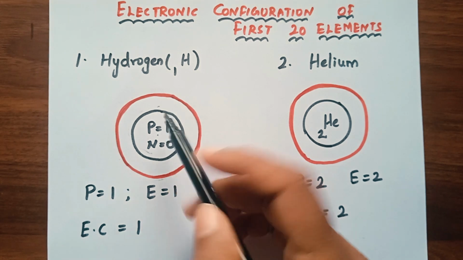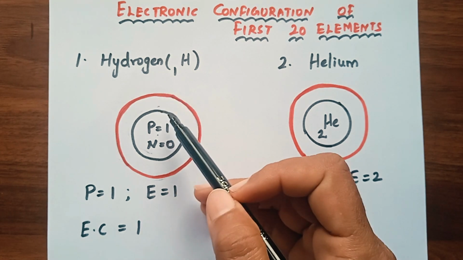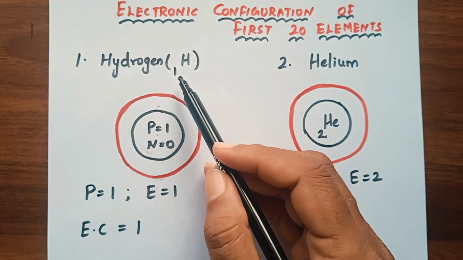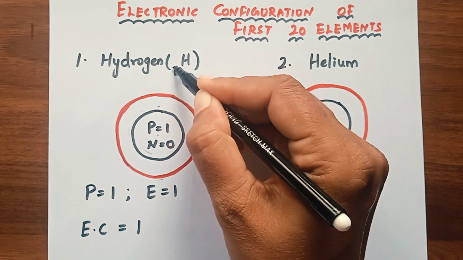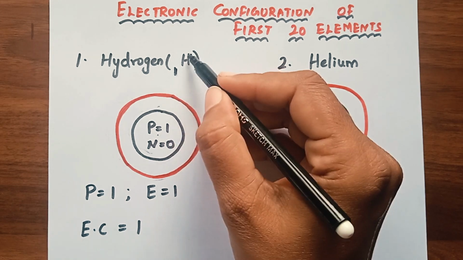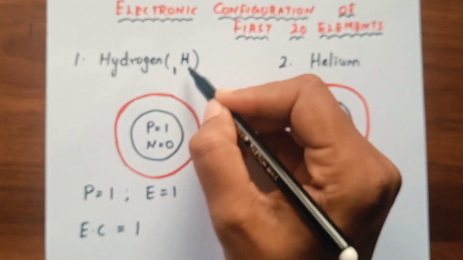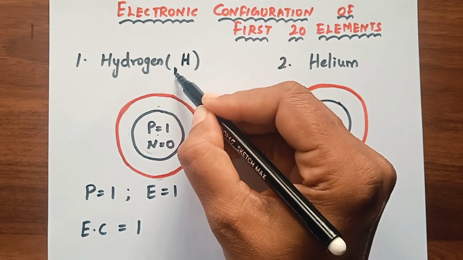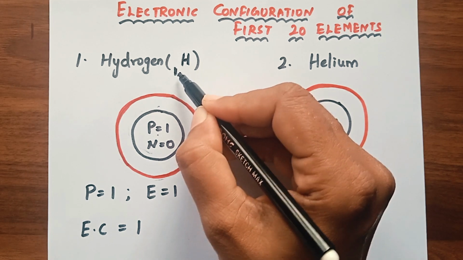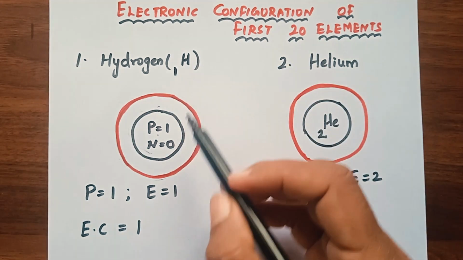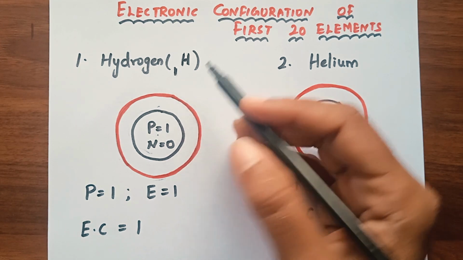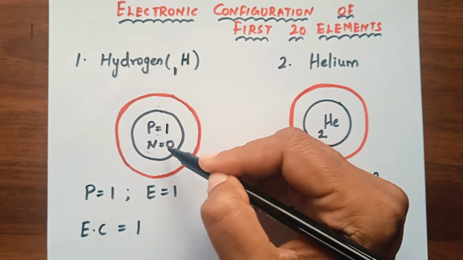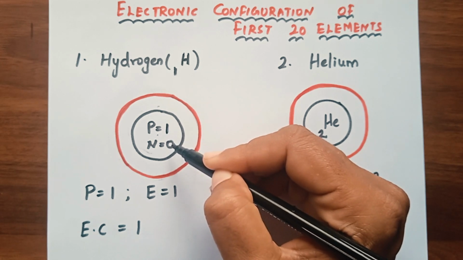First we go with hydrogen. Hydrogen is the first element, so the atomic number of hydrogen is 1. Usually we write the atomic number in the left corner of the symbol. I have written the symbol as capital H and the atomic number 1 in the left corner. Since there is only one electron, the number of protons will be 1 and neutrons will be 0.